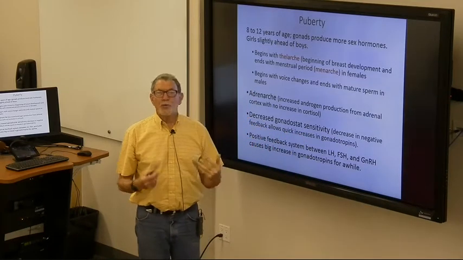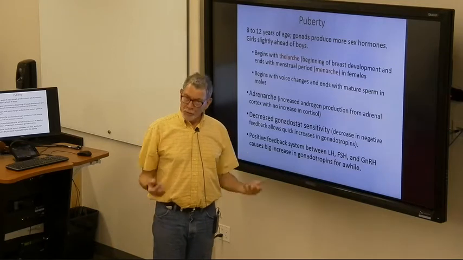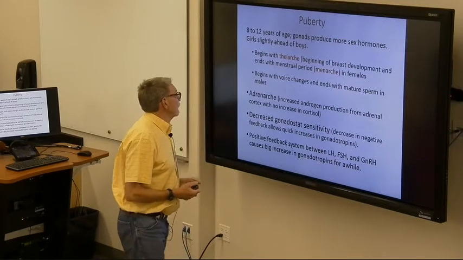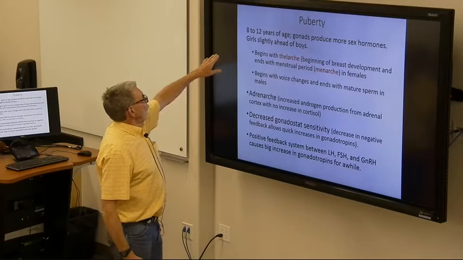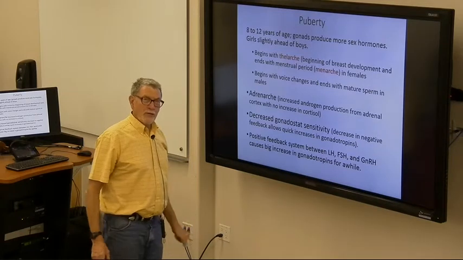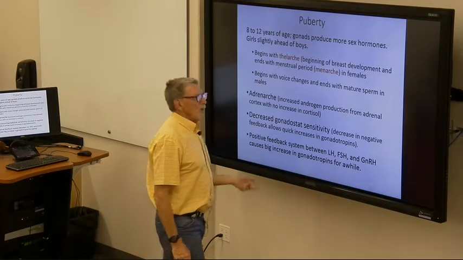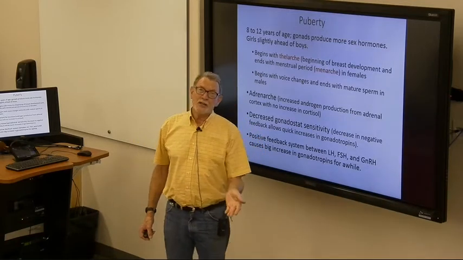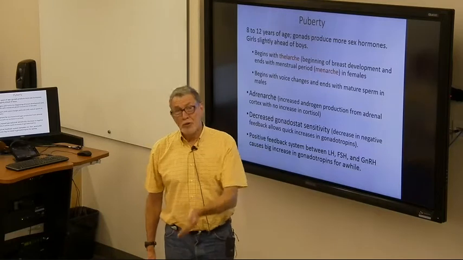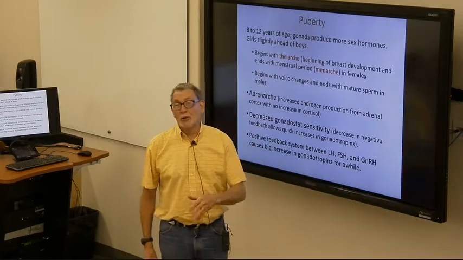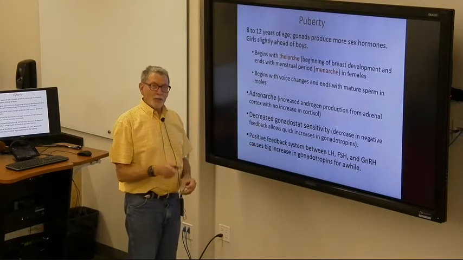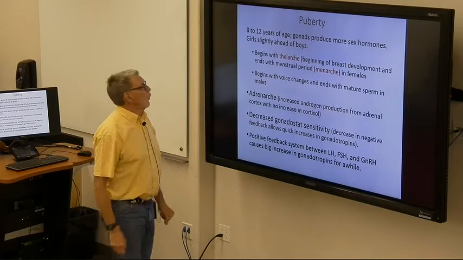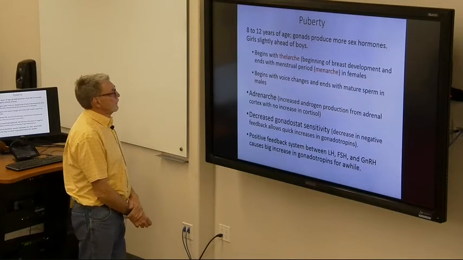It causes the growth of body hair and an increase in musculature. For girls, it's a little ahead of boys. A hundred years ago, puberty was about 16 years old. Now it's around 12 or 13. It's getting younger and younger. And girls tend to mature a year or two before boys do.